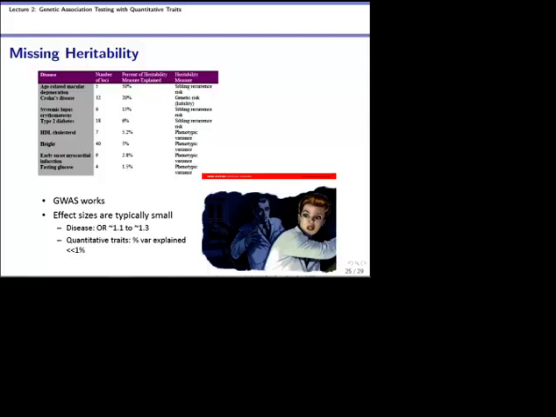For example, a recent paper by the GIANT consortium in Nature Genetics had a sample of over 500,000 people. They combined the GWAS for height, and now I think they're up to about 60%. Around 50% of the variance can be explained by GWAS.